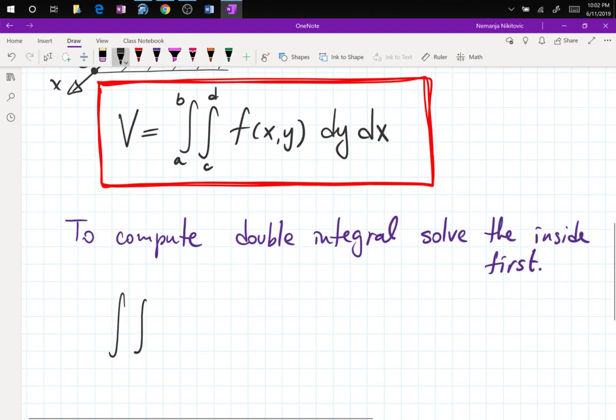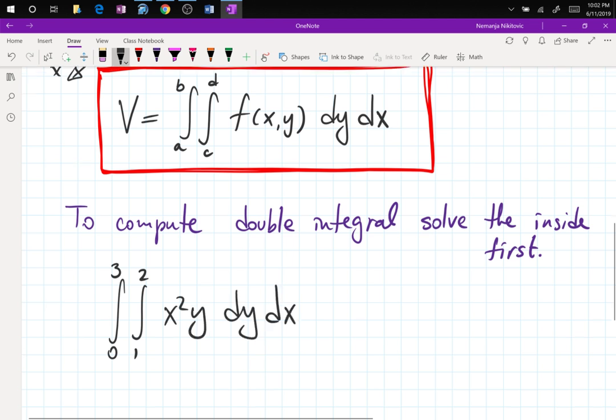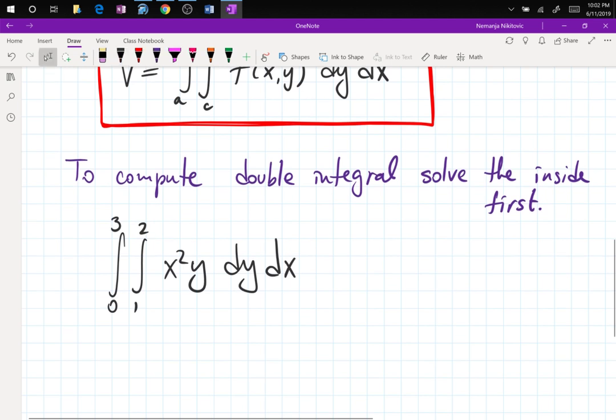Let's say you have the integral from 0 to 3, 1 to 2 of x squared y dy dx. So there is this inner integral that you solve first, and that's your Calc 1. And that integral will be wrapped in another integral on the outside, which is another Calc 1. So it's like a nested Calc 1 integral.